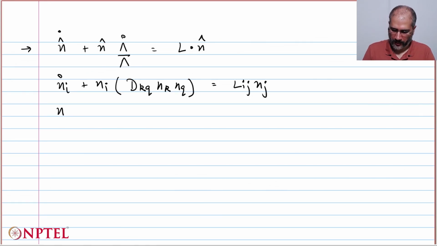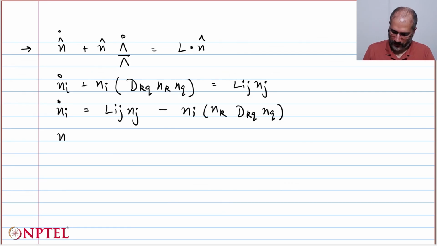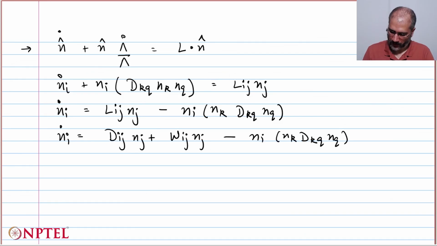So I can write my ni dot, that's the time rate of change of the vector n, and further we can write L as dij nj plus wij nj. So this I'll write as wij nj first, and then I'll keep the terms which have a d in it.